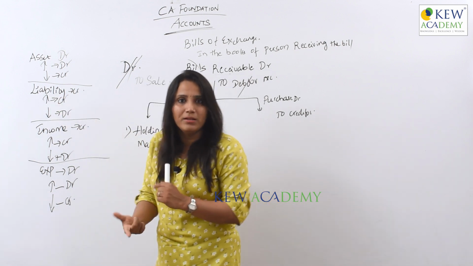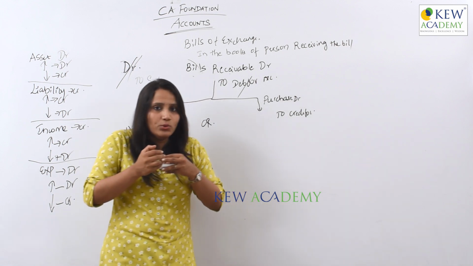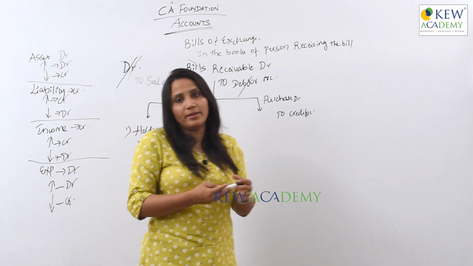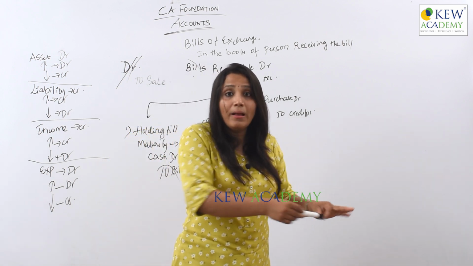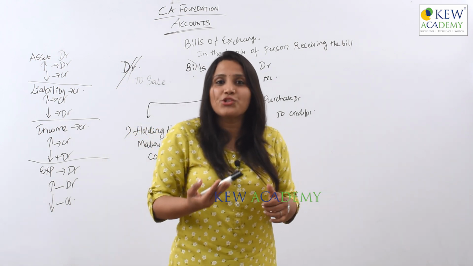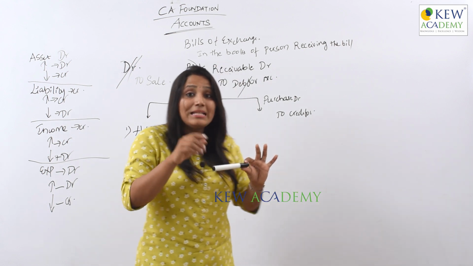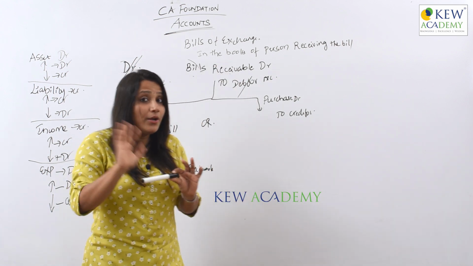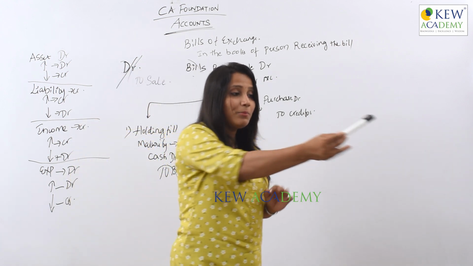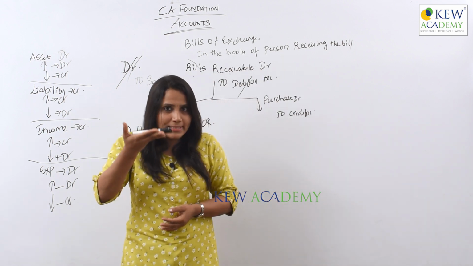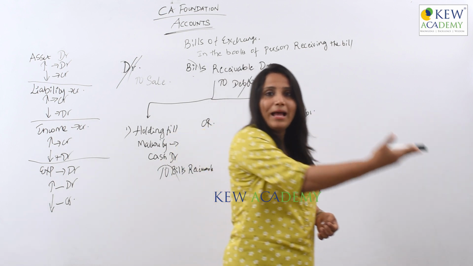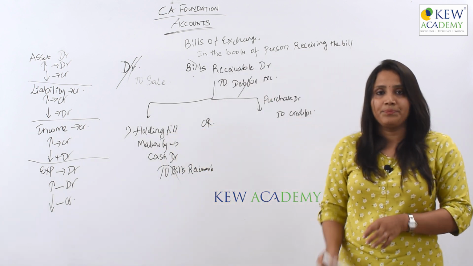They're having a credit balance. It's a payable. Now what I'll do is, I'll go and tell my creditor, hey creditor, I'll settle your bill, but not in cash. I'll settle your dues, not in cash, but by giving bills. How bill? I have the bills. I'm taking the bills and giving it to my creditor.